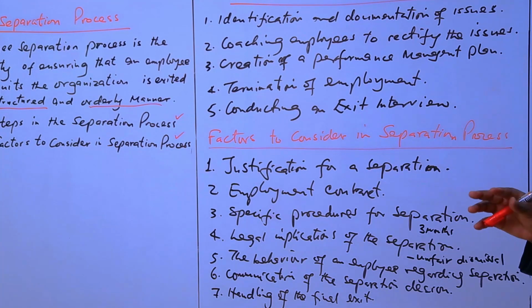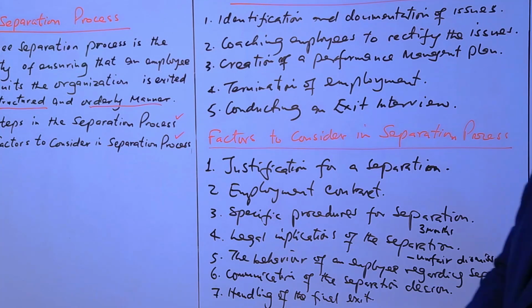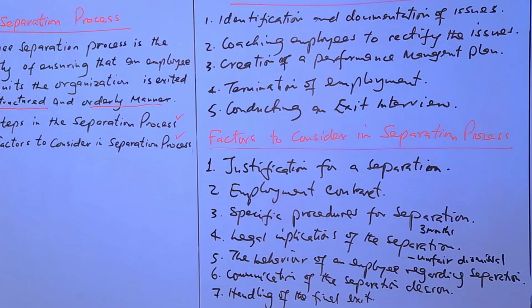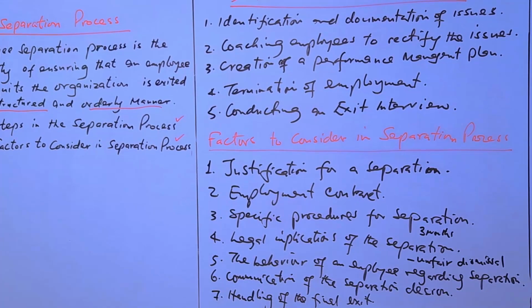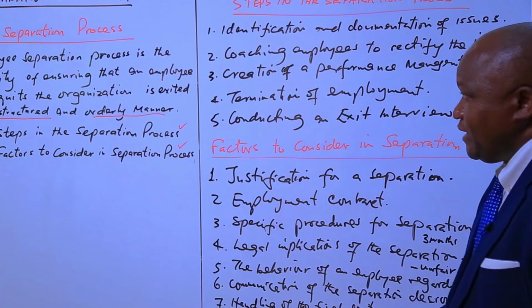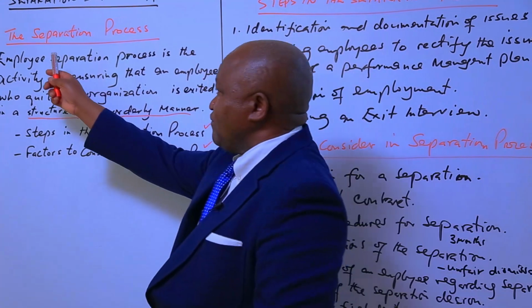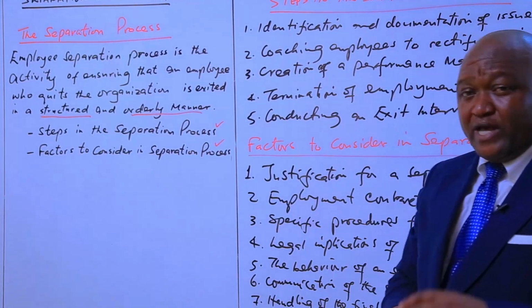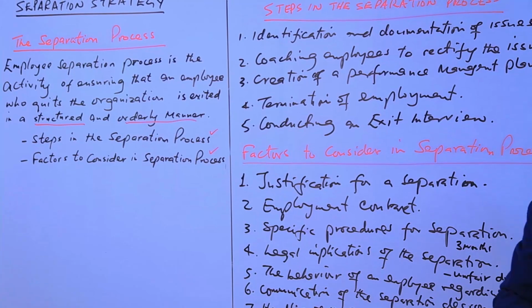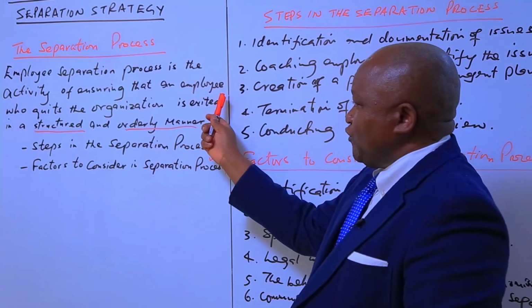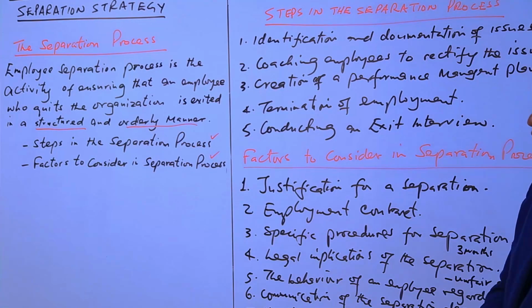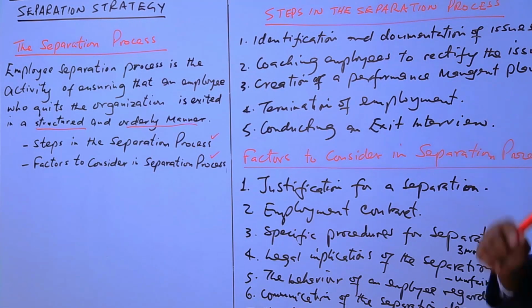So these will have to be handled, and we have indicated that it has to be handled in a structured and orderly manner. So in our lesson today, dear learner, we have been looking at the separation process under the separation strategy topic, and we have looked at what is meant by the separation process, and we have indicated that employee separation process is the activity of ensuring that an employee who quits the organization is exited from the organization in a structured and orderly manner.